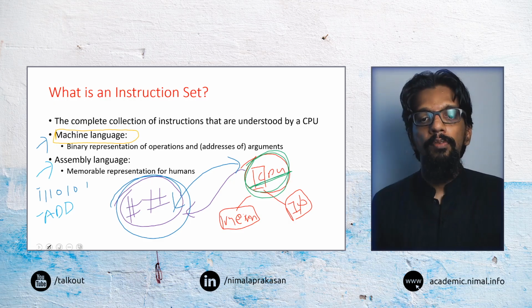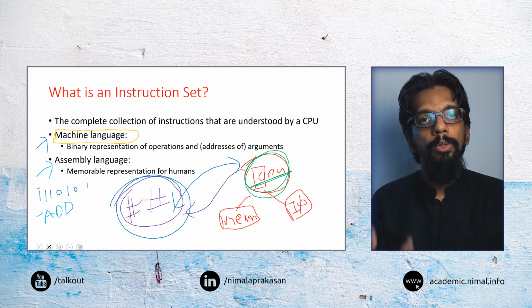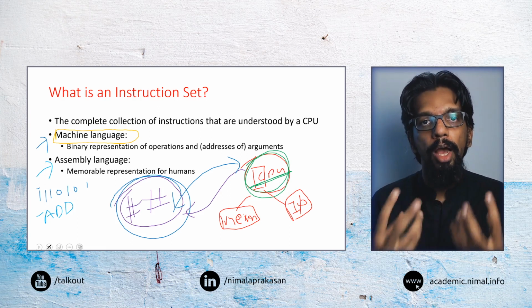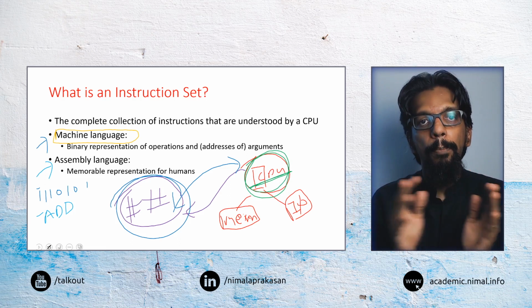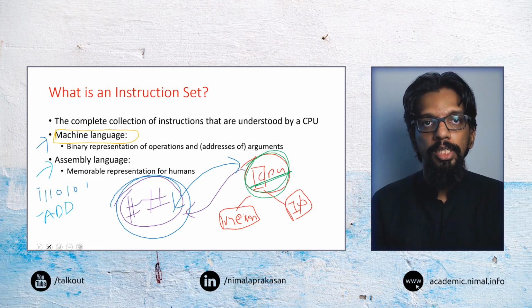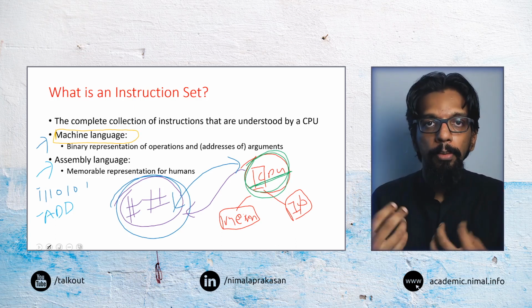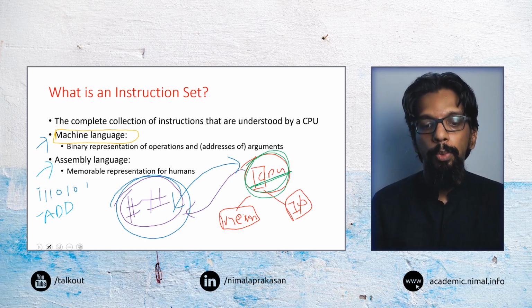So we have hardware in the CPU that is going to do these operations, and each operation supported by the hardware will be identified by an instruction. Those instructions will have a binary representation, a binary code of ones and zeros, that we will call machine language, and we will also have a human readable, human memorable representation of that machine language called assembly language.